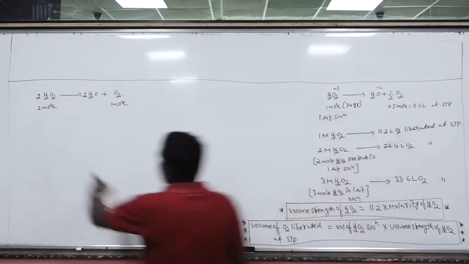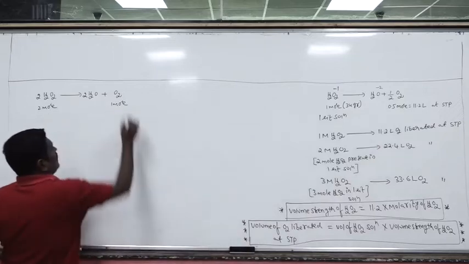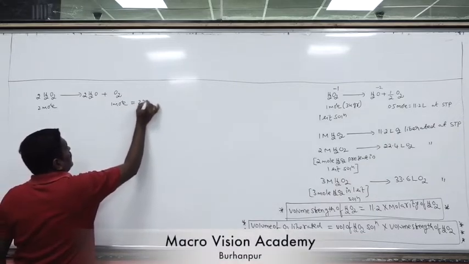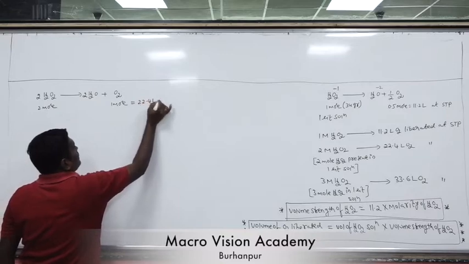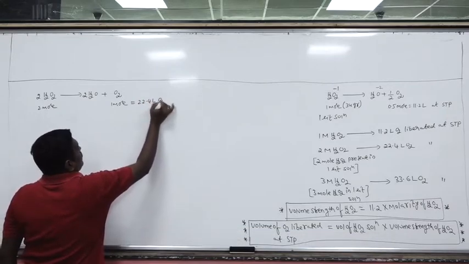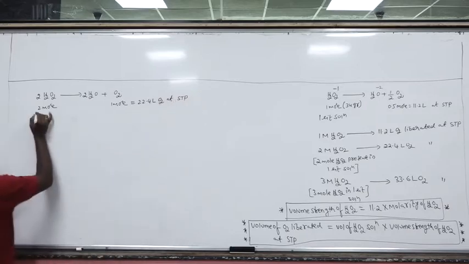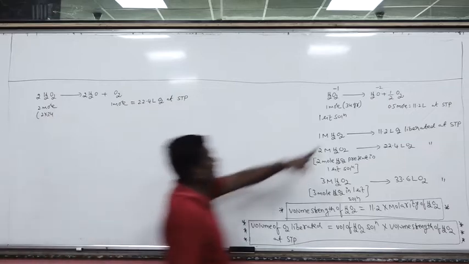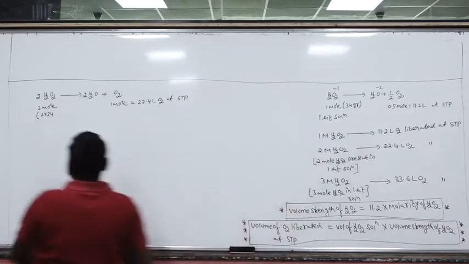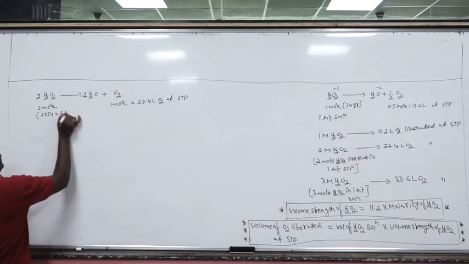So 2 moles of H2O2 gives 1 mole of O2. 1 mole of O2 at STP occupies 22.4 liters, where STP is standard temperature and pressure. 2 moles of H2O2 is 2 into 34, because 1 mole of H2O2 is equal to 34 grams. So 2 moles is equal to 68 grams.